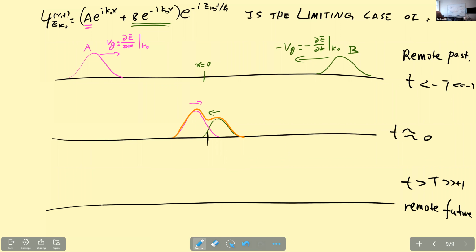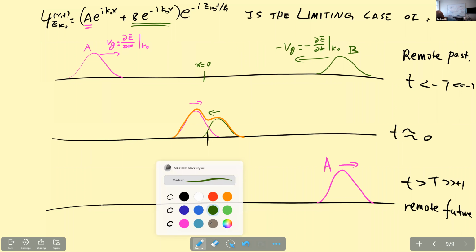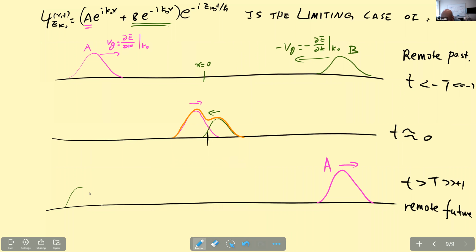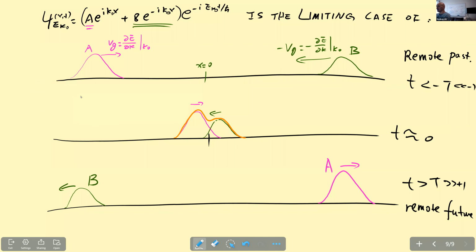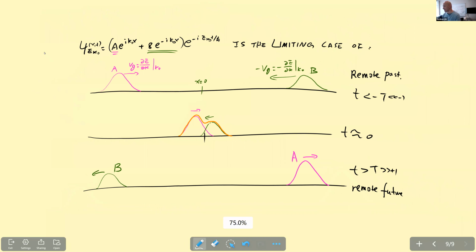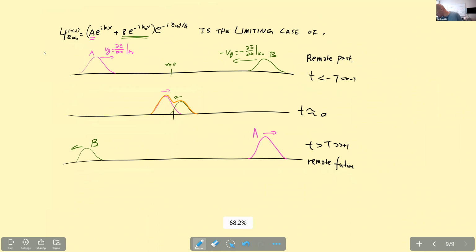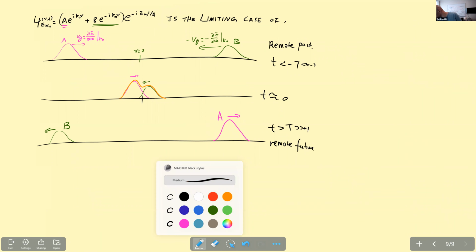You're going to have this wave packet, now it's right here. It's still moving to the right with amplitude A. And then another one has arrived in the opposite direction, with amplitude B. Okay, so that is the physics. So the eigenstates are written in this form. This is the eigenstate.